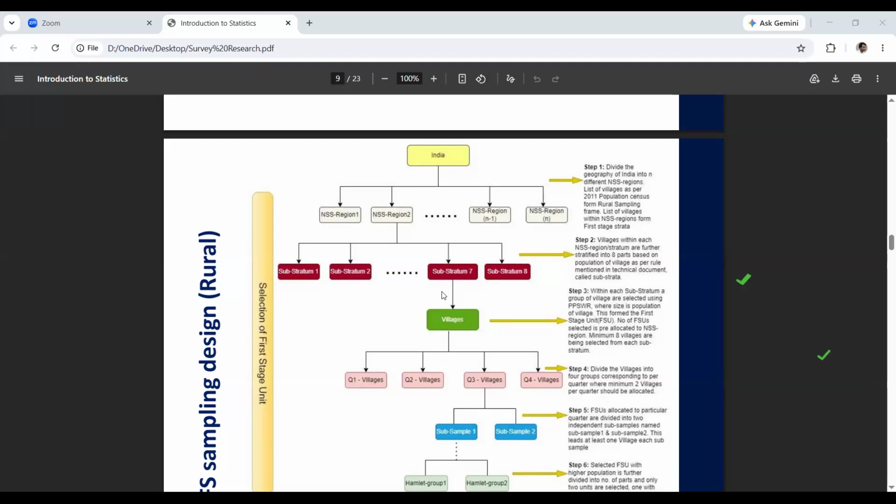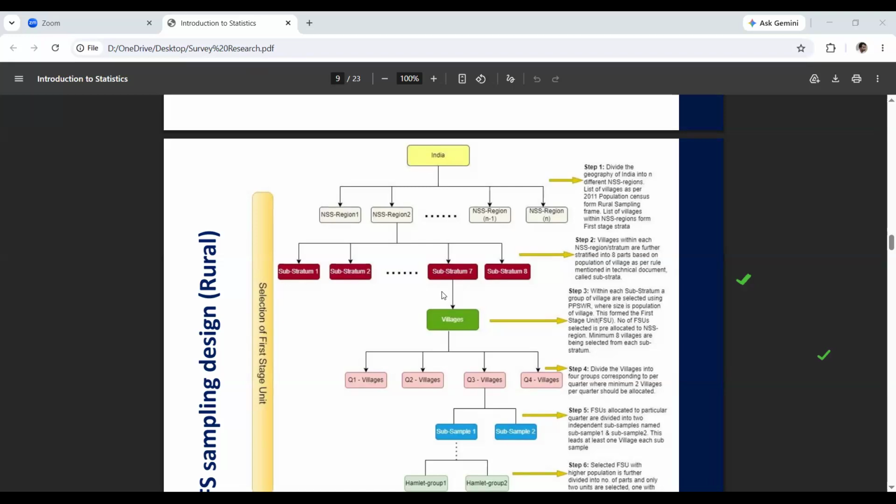So in India there are around 88 NSS regions. Sampling is done at NSS region level. So suppose there is NSS region 2. Now let's discuss this region, or let's discuss the example of North Bihar. North Bihar is an NSS region. You can say broadly this is the Mithila region, Mithilanchal, where they speak Maithili.